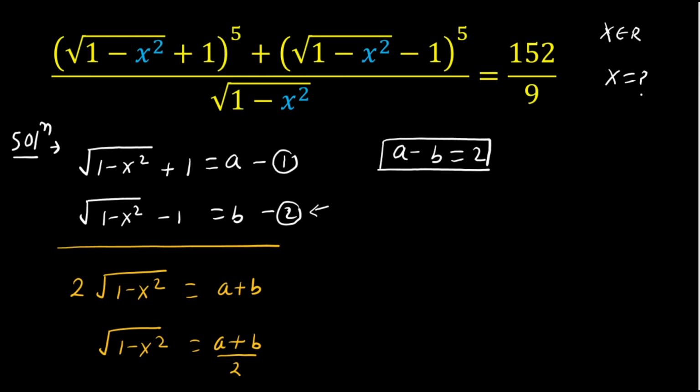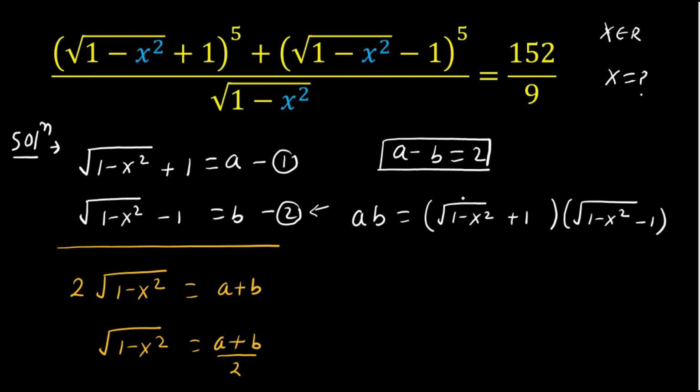If we multiply both the equations, then a times b equals (√(1−x²)+1) times (√(1−x²)−1). Here we apply the identity (x+y)(x−y) equals x² minus y².